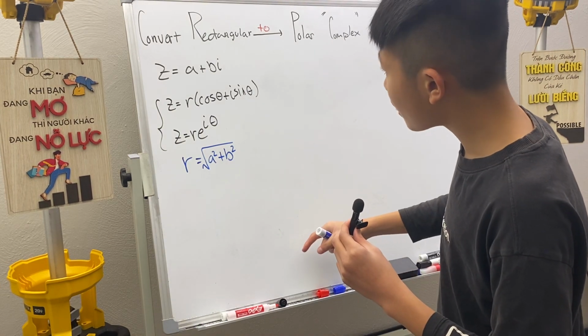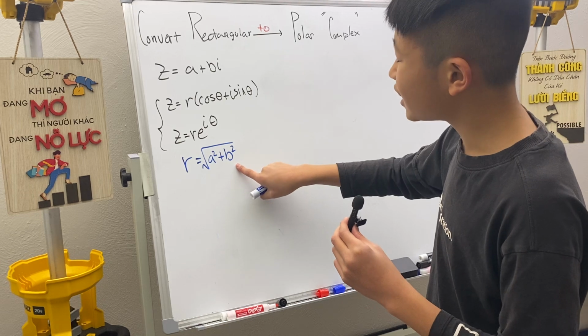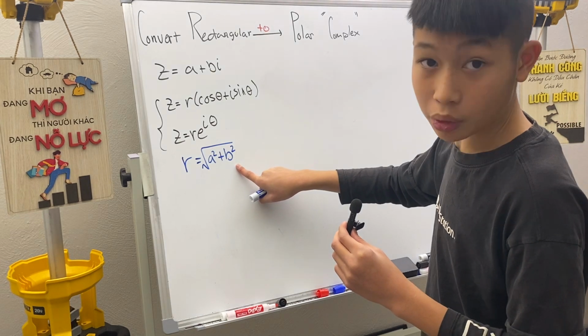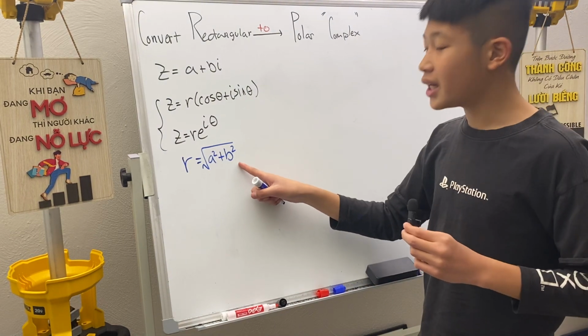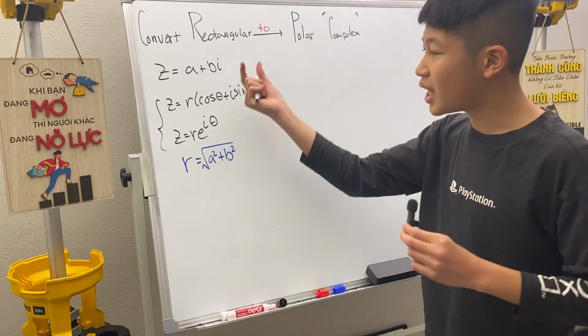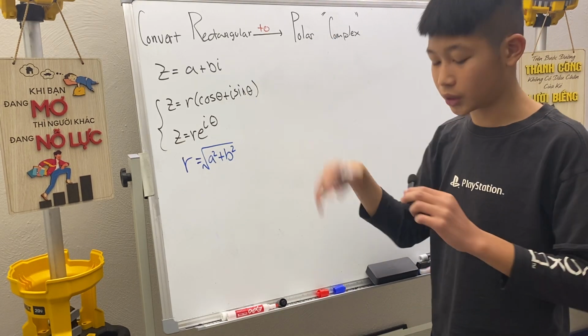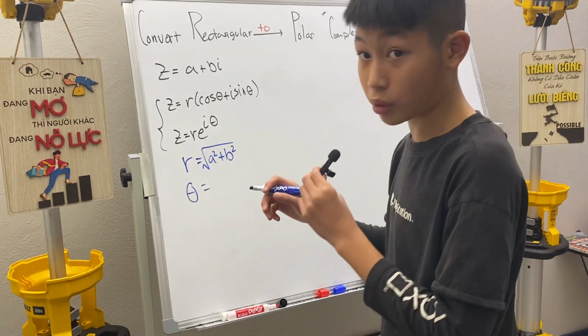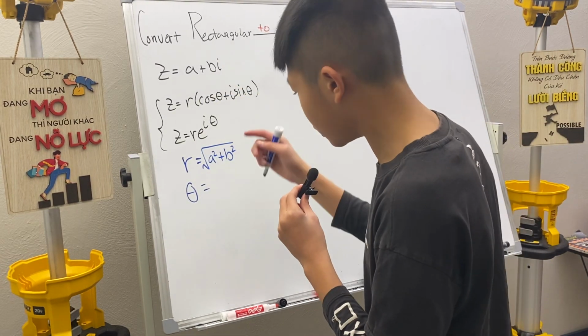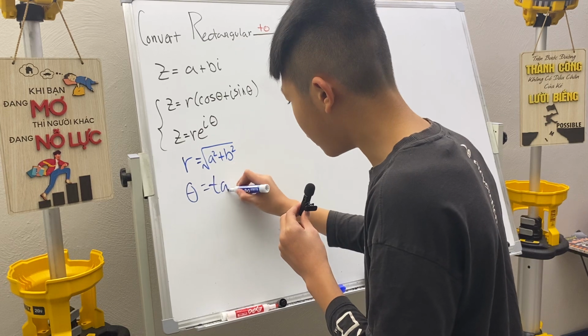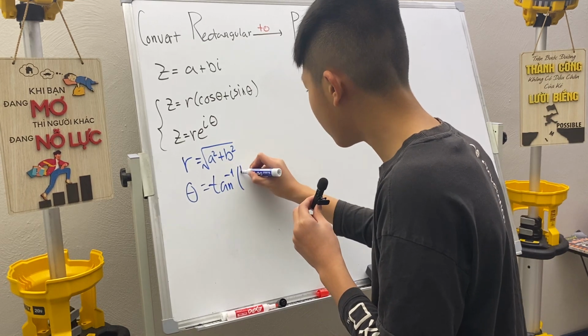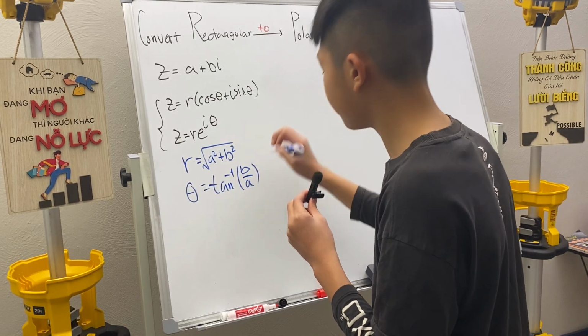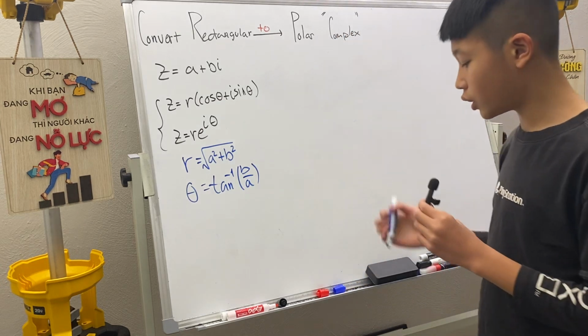Now, is b imaginary or real? b is real, but bi is the imaginary part. And the angle is the inverse tangent of b over a, the imaginary coefficient divided by the real part.